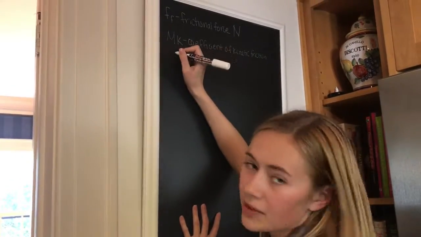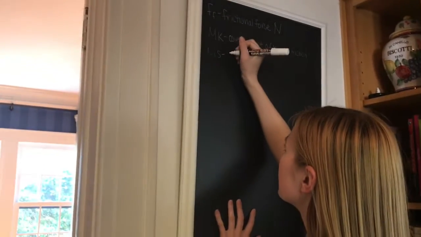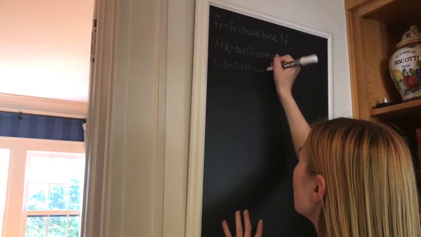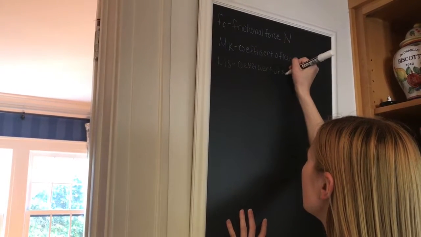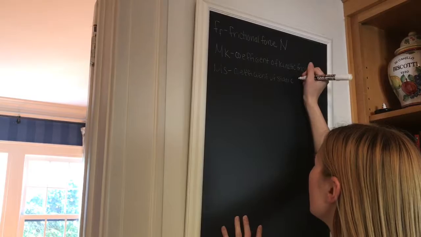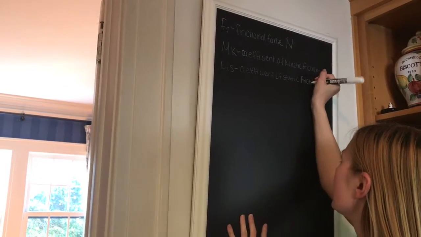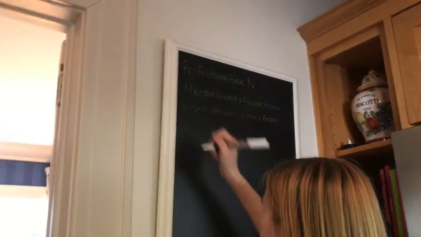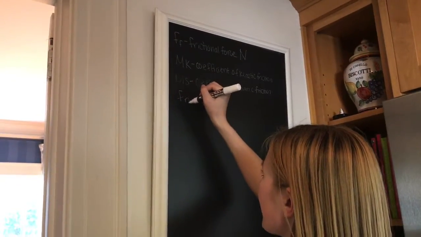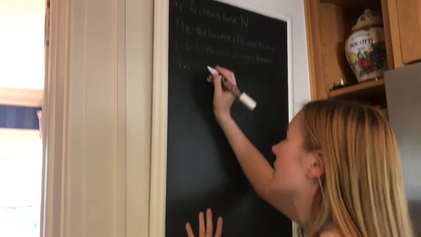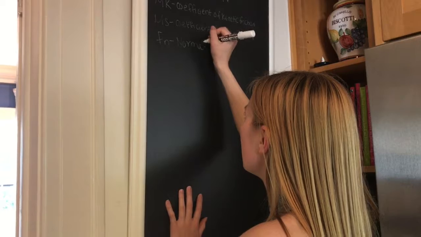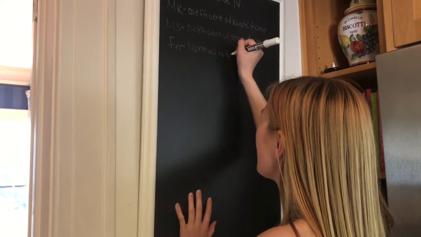The next variable is mu s, the coefficient of static friction. And remember, these two don't have units. The last variable we will be working with is Fn, which is the normal force acting upon the object. This is also measured in newtons.